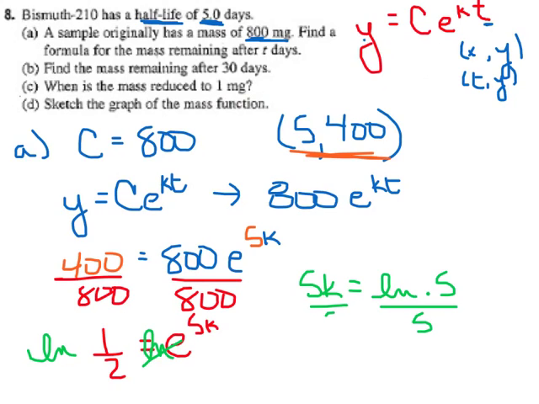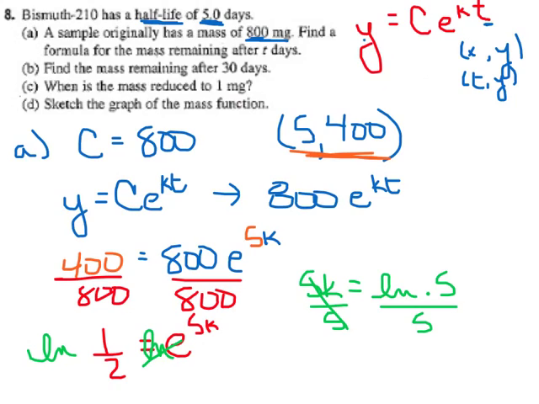Divide both sides by 5, and you have your k. And again, because this is a half-life problem, you should be getting a negative number here. I'm going to pause, use my calculator, and get a decimal accurate to 4 significant figures.